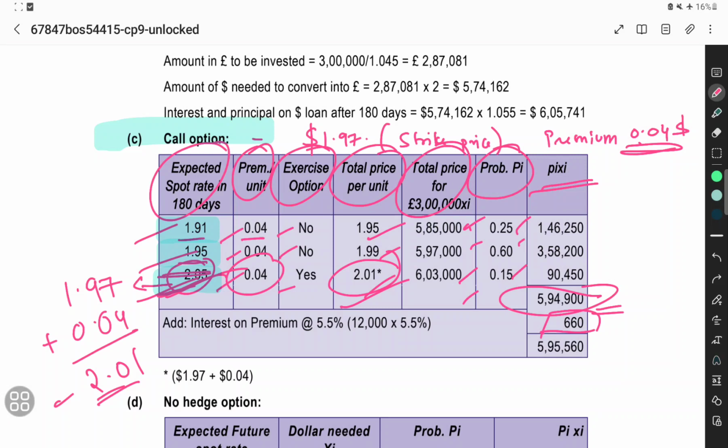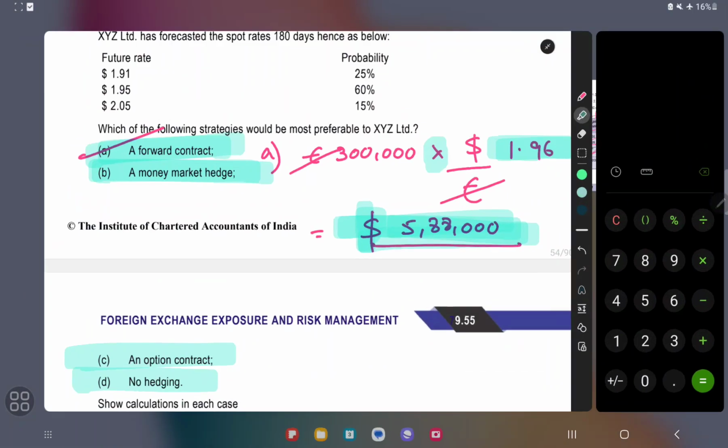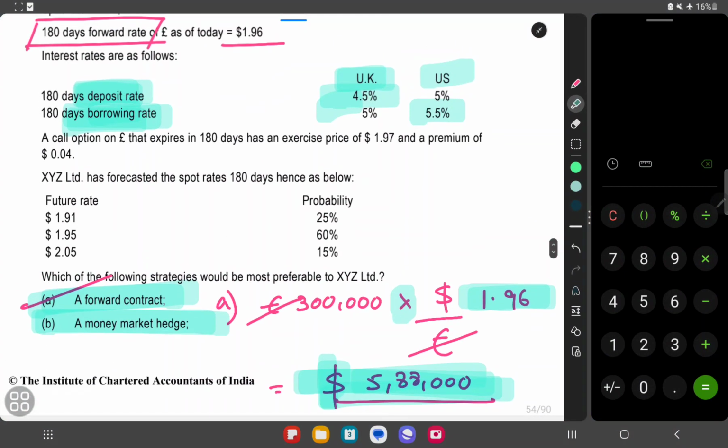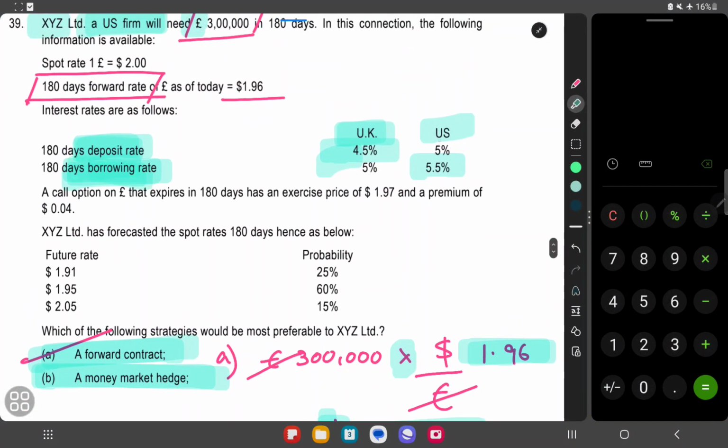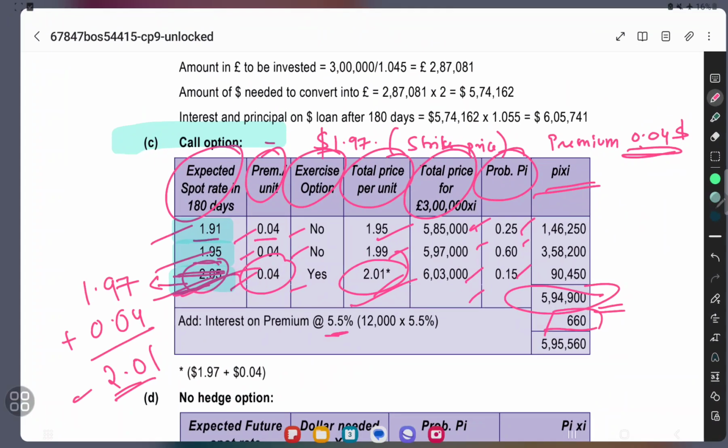At what rate? The US dollar borrowing rate, right? The borrowing rate is 5.5%. If you notice in the question, go back to the question and check that. In fact, we'll just go back right now and check that rate. See, borrowing rate, dollars, 5.5%, correct?